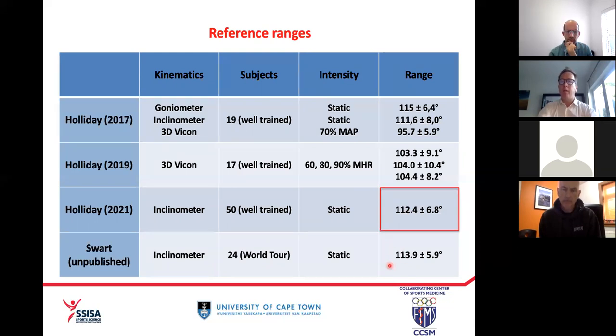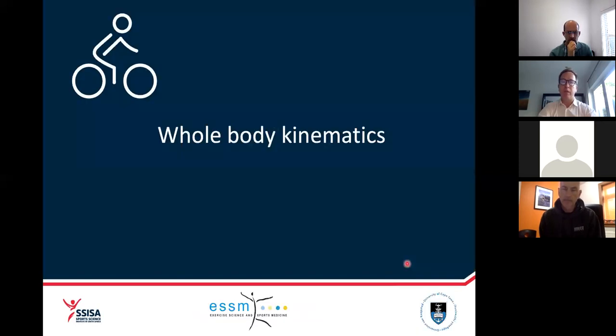And once again, from our World Tour data set, we see a very similar shoulder flexion angle as well-trained cyclists. So shoulder flexion seems to also gravitate to a particular value and varies very little. And that is once again within the margin of error between a group of well-trained cyclists and World Tour cyclists, and can be measured statically using an inclinometer and can be used to define reference ranges.